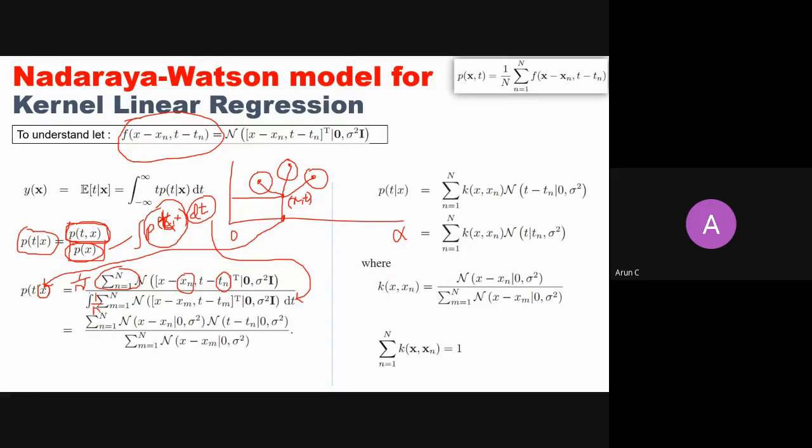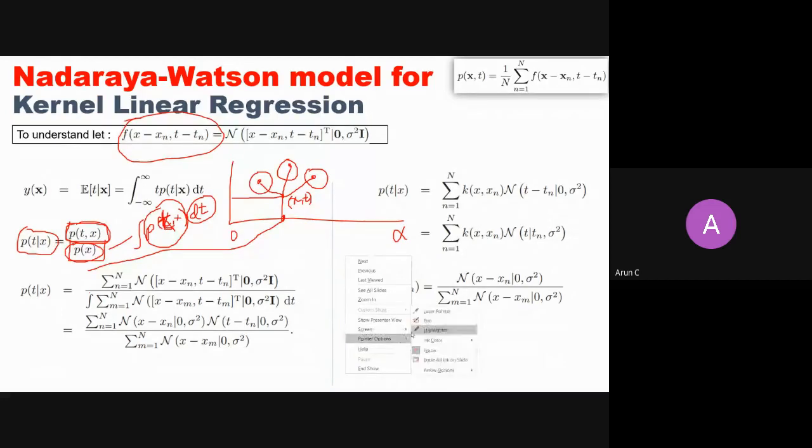Because 1 by n doesn't depend on t, you just bring it out, and you cancel 1 by n from numerator and denominator. So let's clear this again. Now you are left with this expression.